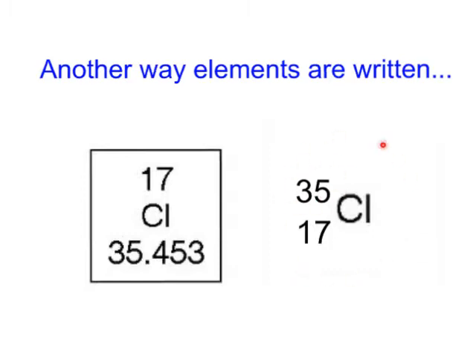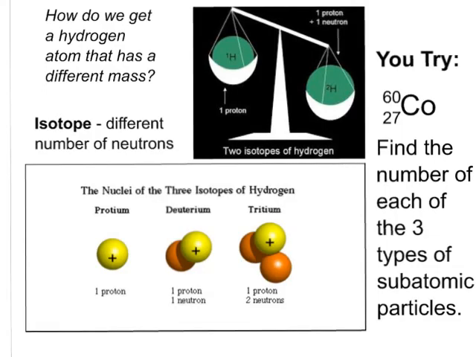So you may also see it like this. It should be obvious to you that the atomic mass will always be larger than the atomic number. So if you ever get confused, you can just remember that you can't have a mass that is smaller than the atomic number. So how do we get a hydrogen atom that has a different mass?